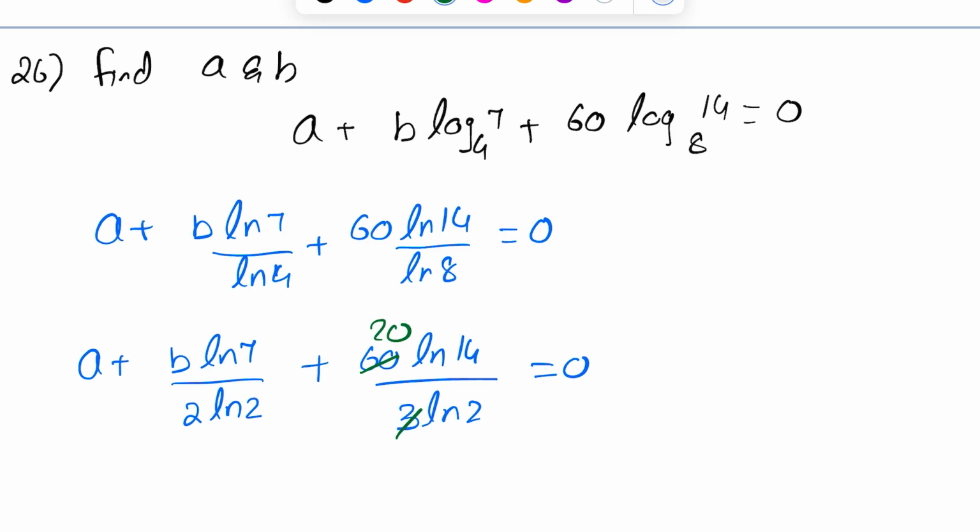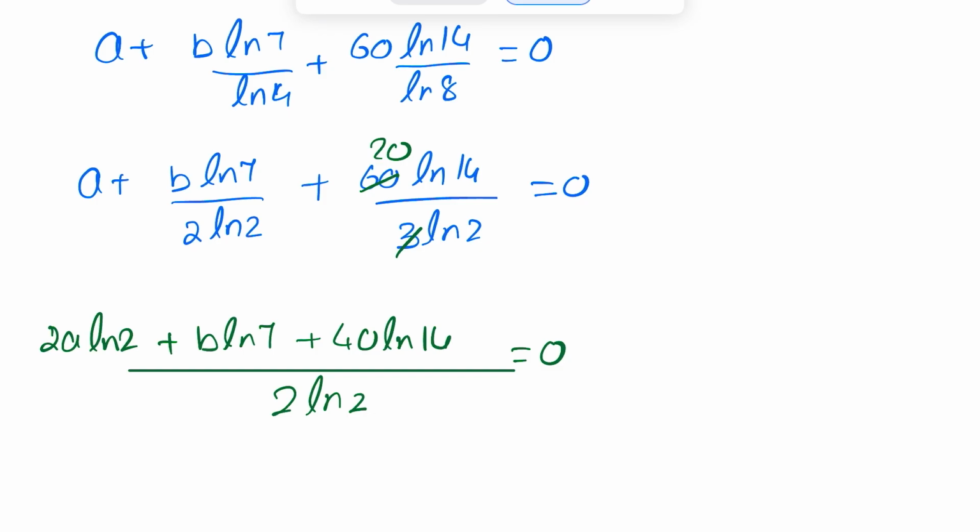So it becomes 2a ln 2 plus b ln 7 plus 40 ln 14 should be equal to 0.